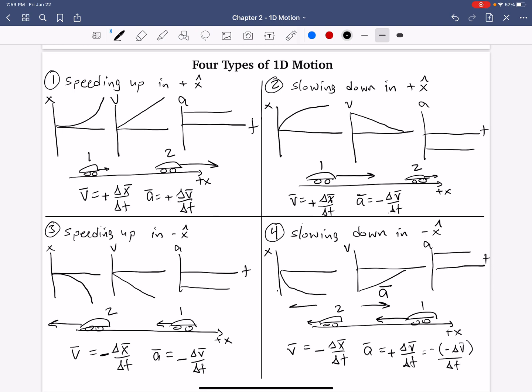I'll write it like that, and I'll write v like that. Actually, let's do that for everyone. That's a good idea. I don't know why I didn't think of that earlier. Let's do it in blue. So we have v, and I'll do red for acceleration. That's the same direction. v for number 2 is positive, but the acceleration is negative.